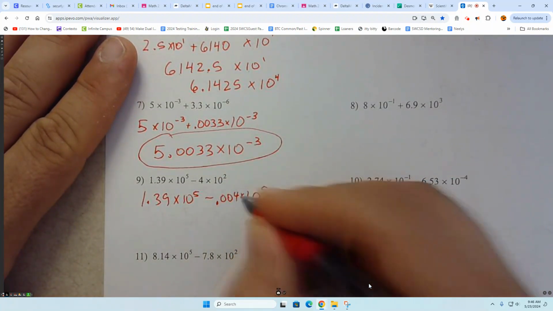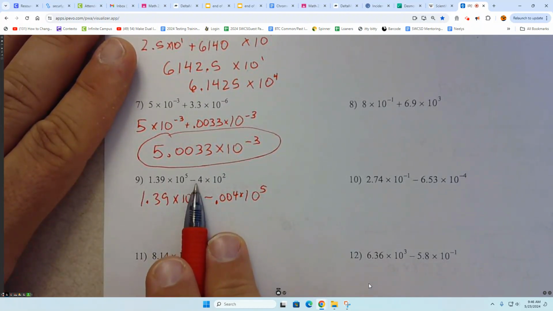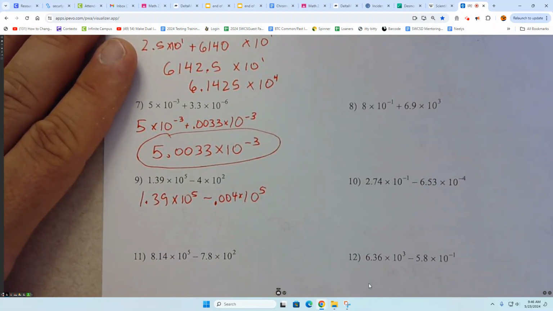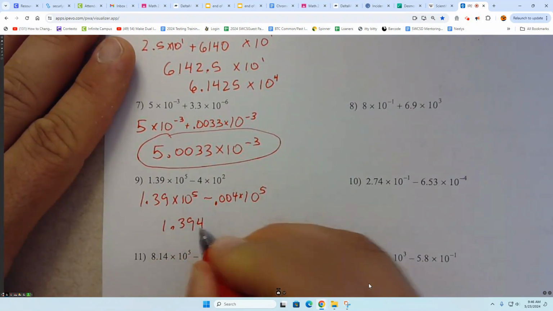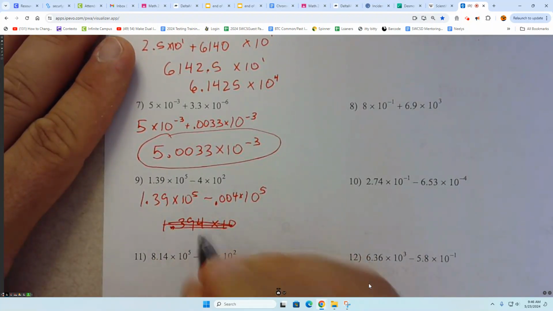0.004. Okay. If I take tens from here and give it to there, taking tens away is going to make this a smaller number. So now if I add these, I get 1.394 times 10 to the... oh, I'm not adding. I'm sorry, I'm subtracting.